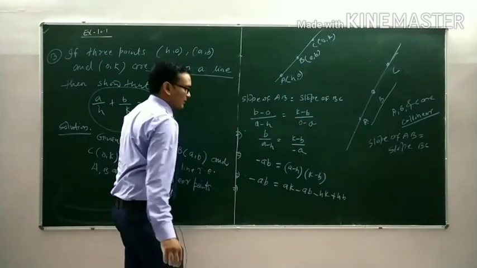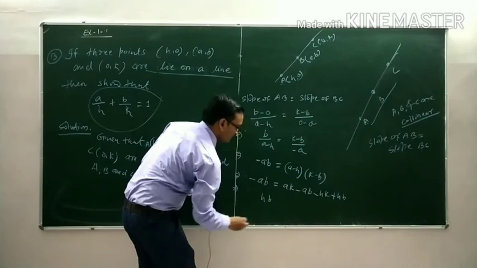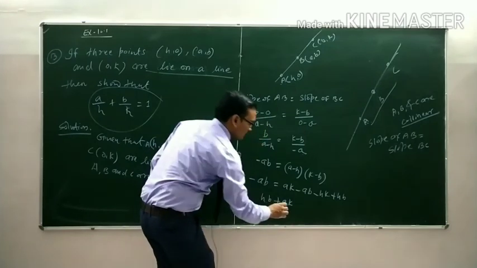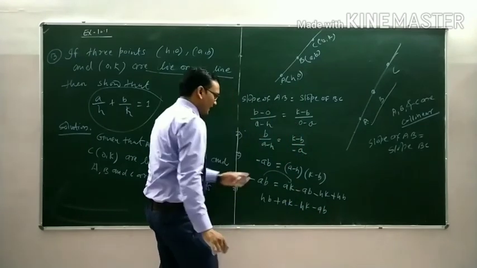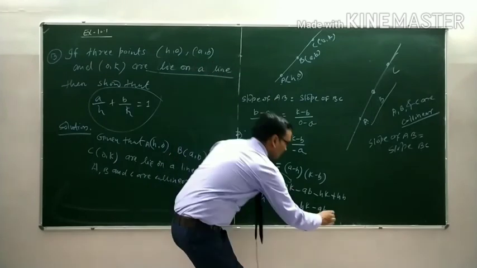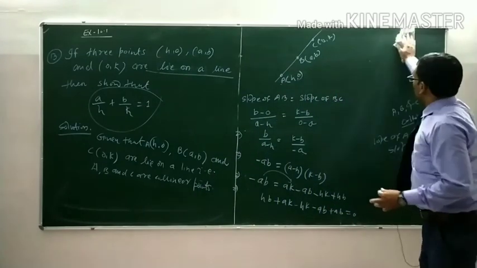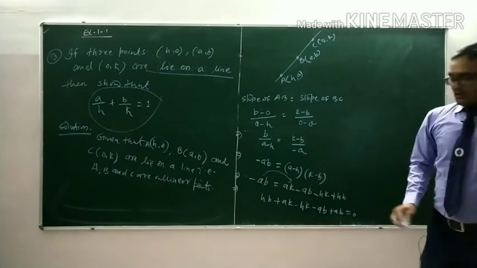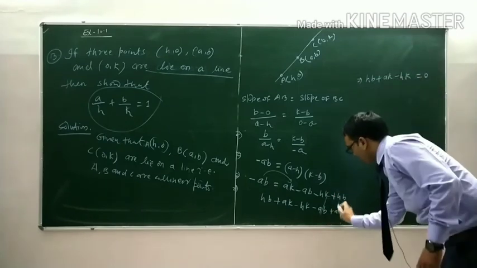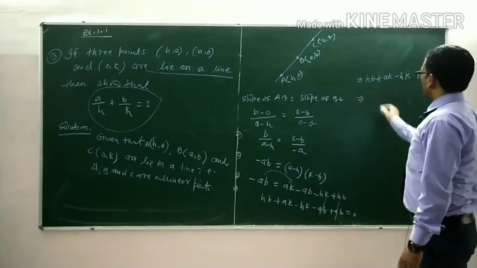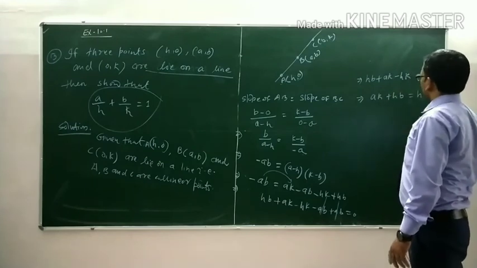Transferring, we get ak plus hb minus hk minus ab plus ab equals 0, so ab cancels. This implies ak plus hb equals hk.